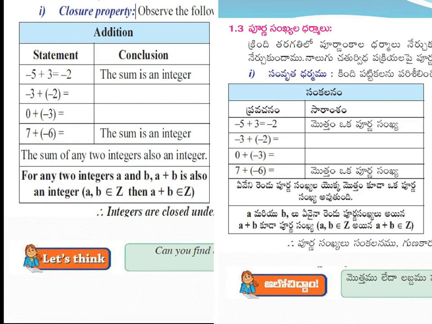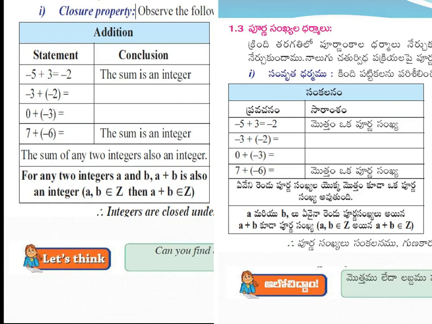So minus 5 is one integer and 3 is an integer, and the sum is also an integer. So for any two integers a and b, a plus b is also an integer. Means a comma b belongs to Z, then a plus b also belongs to Z. So remaining empty boxes compulsorily fill చేయండి.